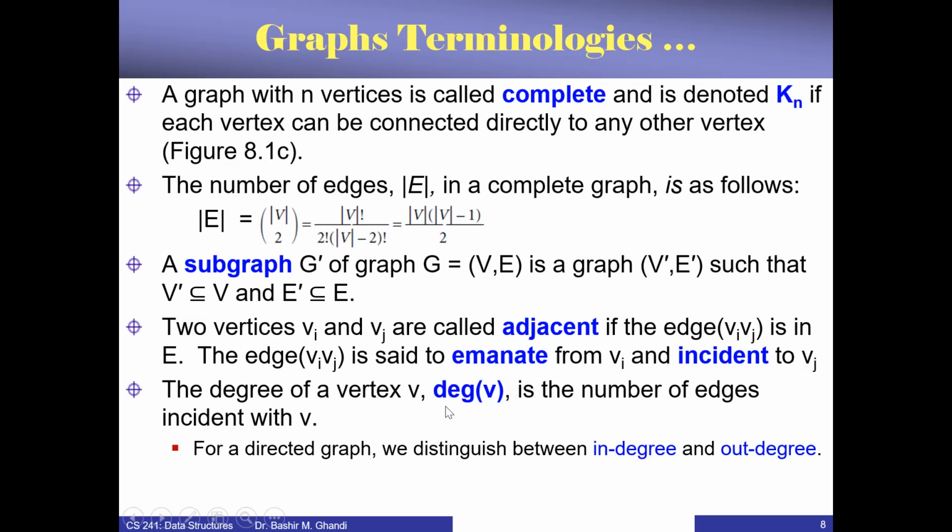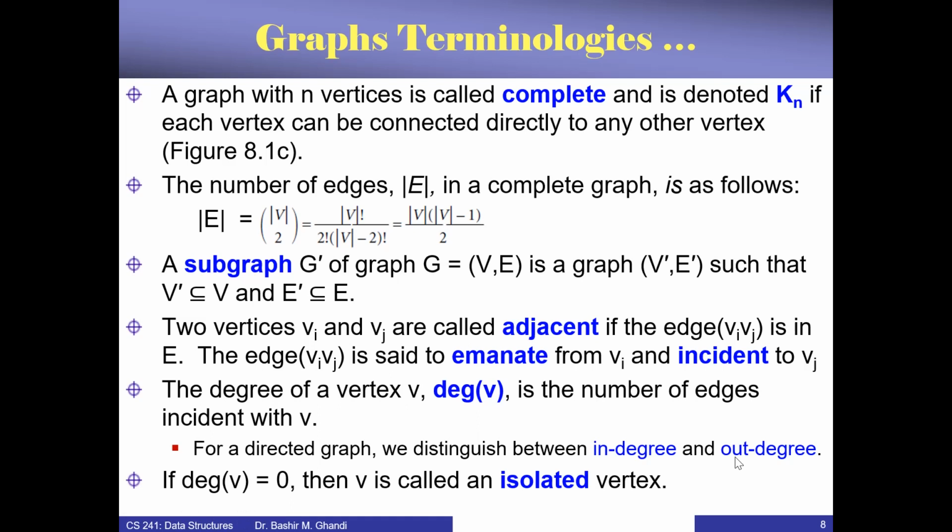If it is undirected, then we just use the single term degree of V. But if the graph is directed, then we have to distinguish between in degree and out degree. In degree is the number of edges coming to a vertex, whereas out degree is the number of edges going away from the current vertex to the other vertices. Again, this distinction will be clearer when we take examples.